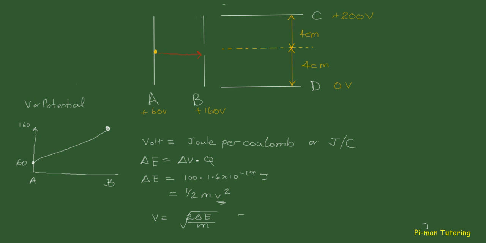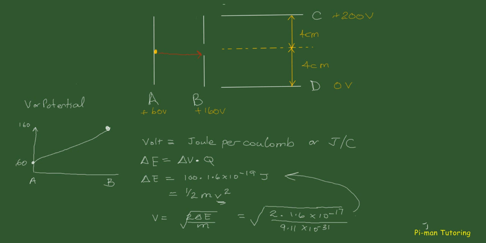And that is equal to the square root of 2 times 1.6 times 10 to the minus 17, because we multiplied the charge by 100 to get the energy, divided by the mass of the electron, which is 9.11 times 10 to the minus 31 kilograms.